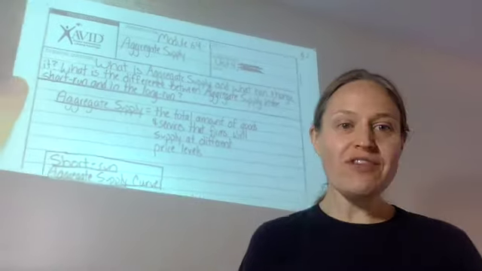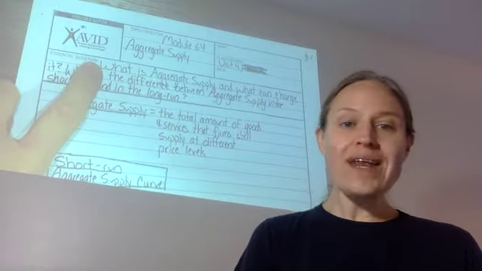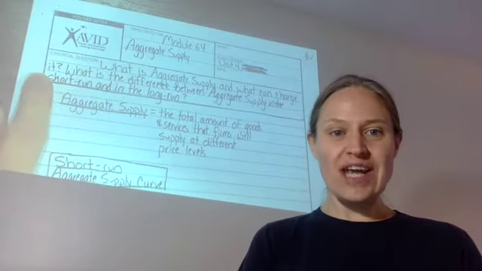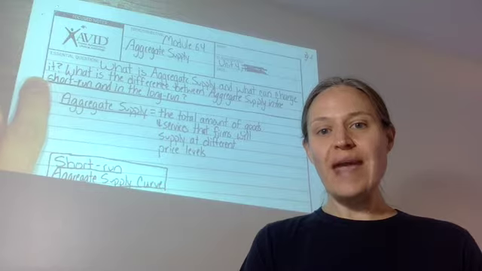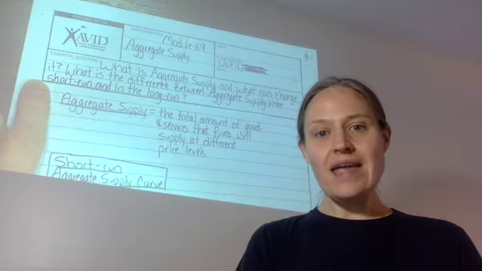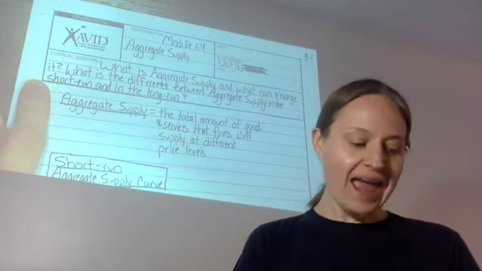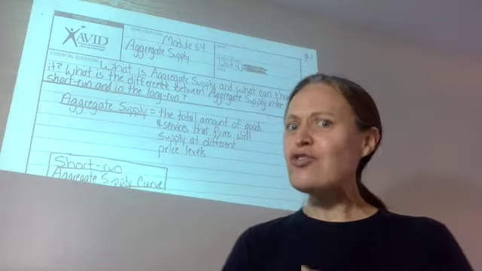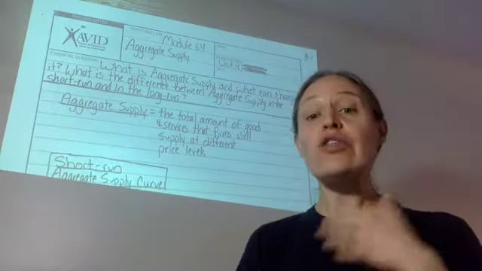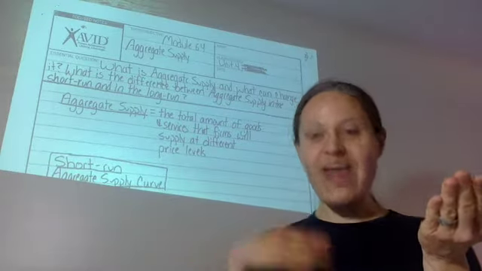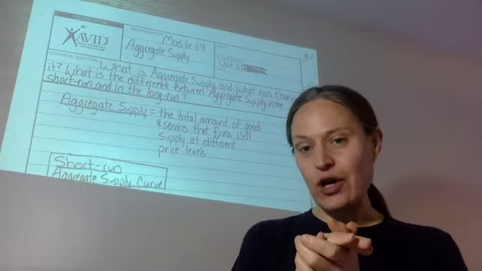All right, so our question that we're trying to answer here is, what is aggregate supply and what can change it? What is the difference between aggregate supply in the short run and in the long run? So we actually have two aggregate supply curves, the short run aggregate supply curve and the long run aggregate supply curve.